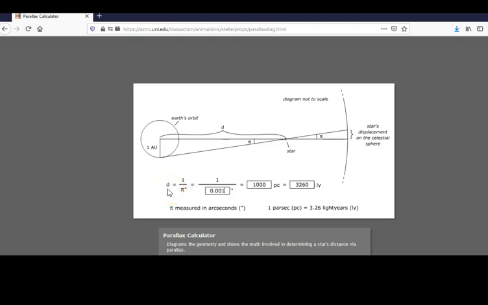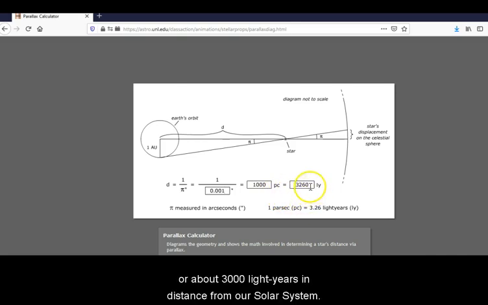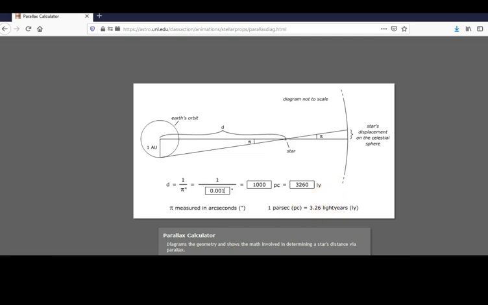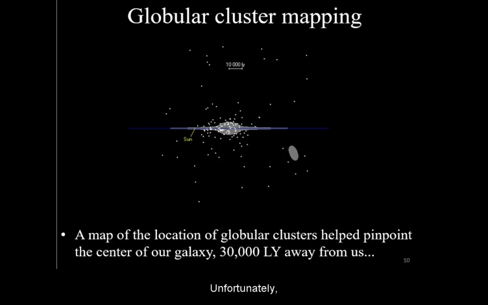This means that they can, in theory, deduce the distances to stars 1000 parsecs away, or about 3000 light years in distance from our solar system. Unfortunately, that will only get us measurements to our immediate galactic neighborhood.